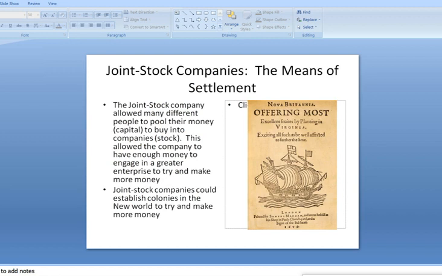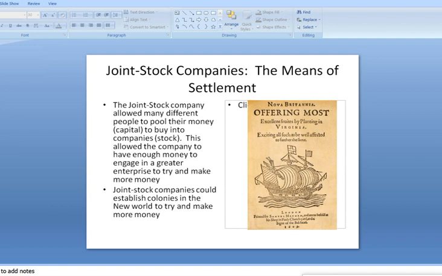All right, joint stock companies. Joint stock companies are going to be the mechanism or the means of settlement. England was going through the commercial revolution. England was becoming a capitalistic nation. Okay, Spain is very much a mercantilistic nation. Mercantilism is the economic system where basically colonies exist to make money for the mother countries.